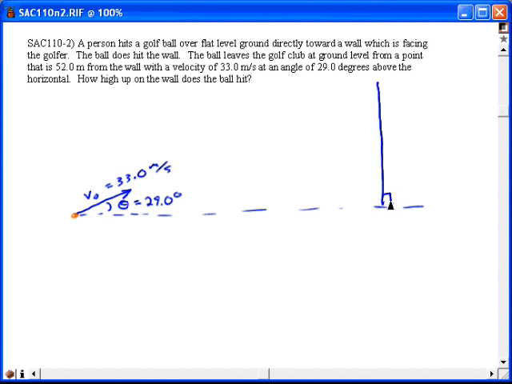Consider it a vertical wall facing the golfer, and the wall is a distance, I'll call it x, equal to 52.0 meters from the initial position of the ball.